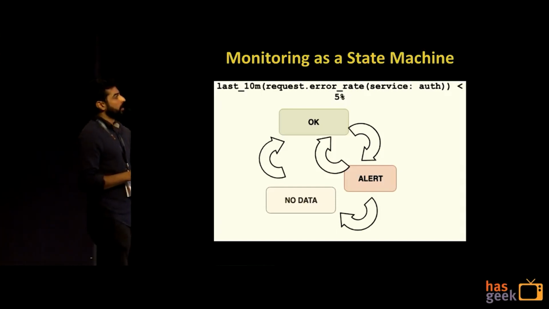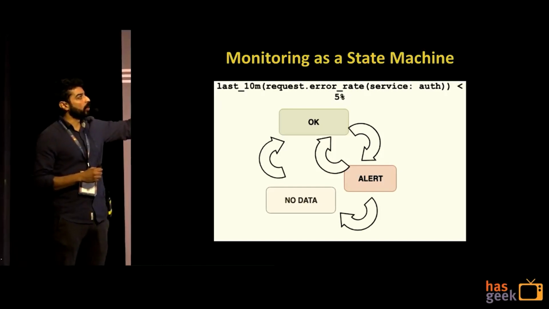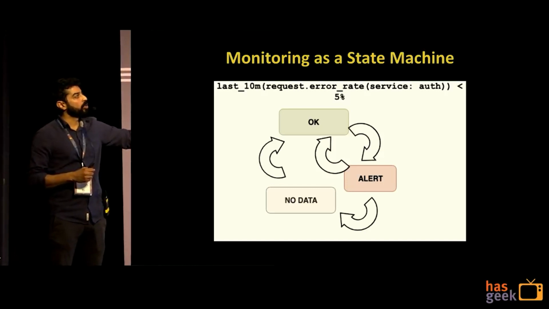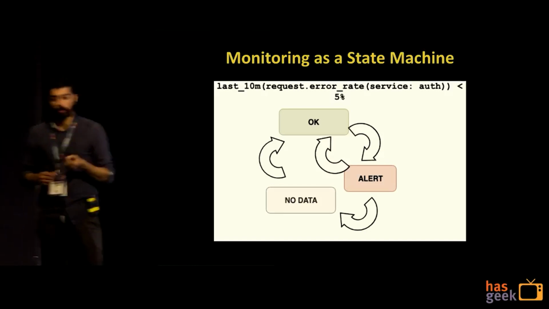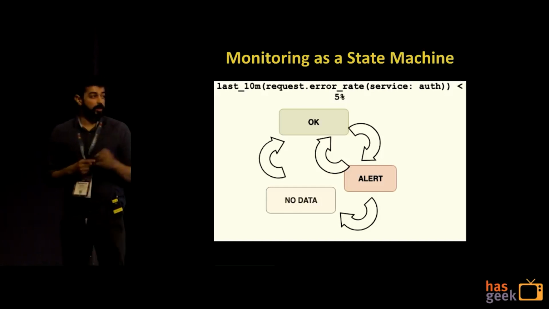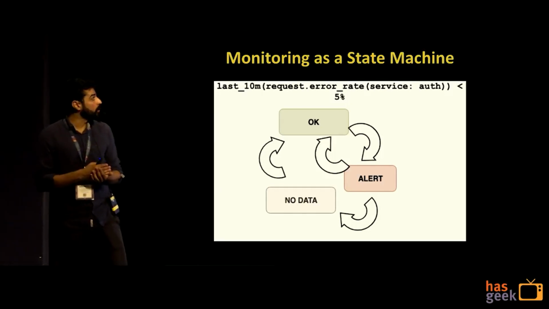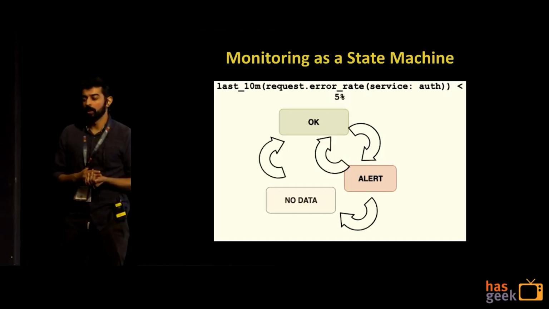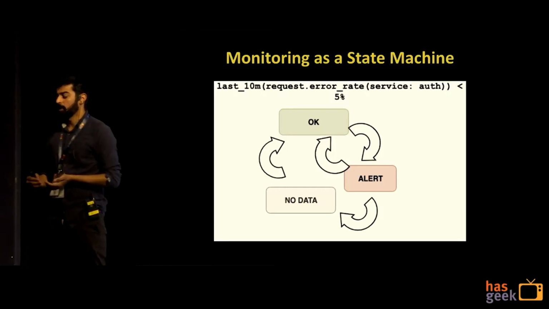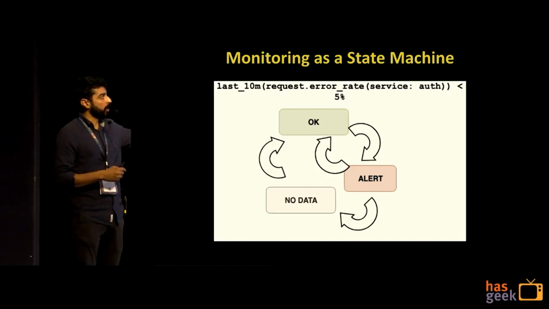The alert in question here uses a query language that checks for the error rate on a particular service. It does a time aggregation, so it says if the error rate for this service, called the auth service, over the last 10 minutes is less than 5%, then my state is okay.